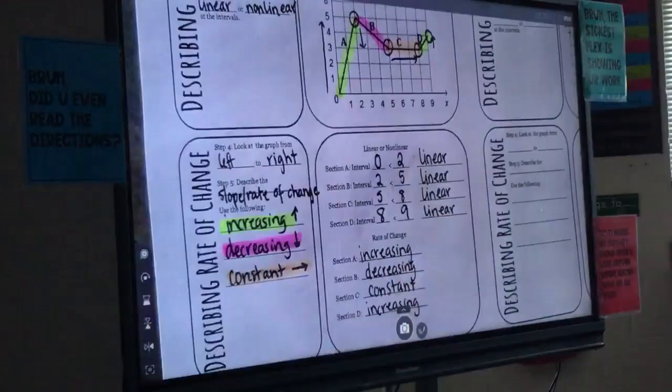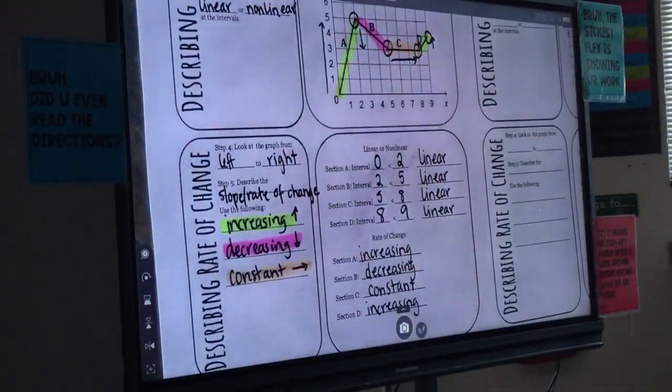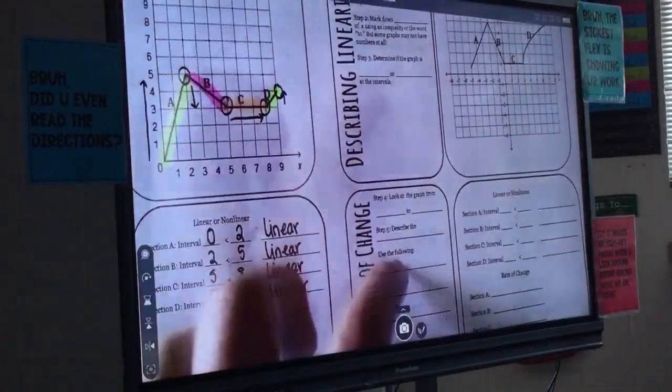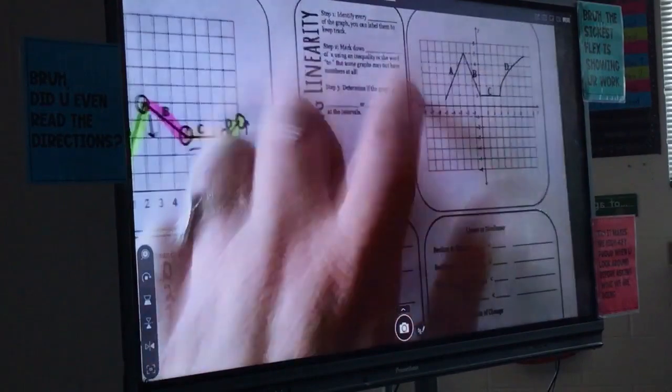All right, the next one I want y'all to do as a group. Okay, if you're not sitting with anybody, you can join somebody. But I want you guys to fill out the 2 sections, and then I want you to label your graph with your colors, and then do the bottom box.